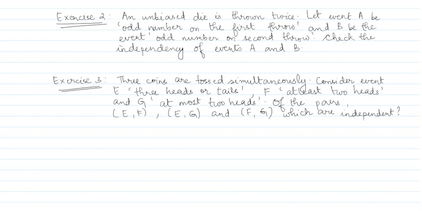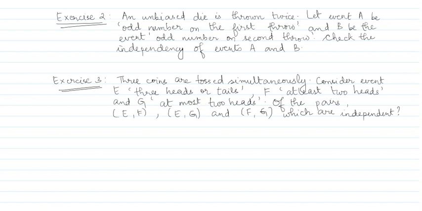Now the third exercise, 3 coins are tossed simultaneously. Consider event E as 3 heads or tails, and F is the event at least 2 heads, which means you can consider possibilities where you have 2 heads and more, and G is the event at most 2 heads.